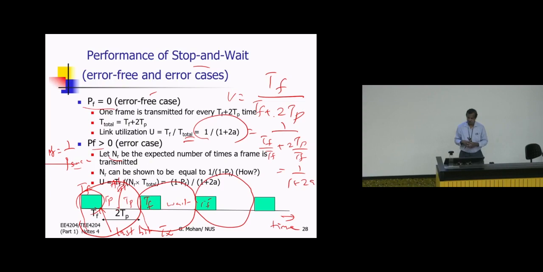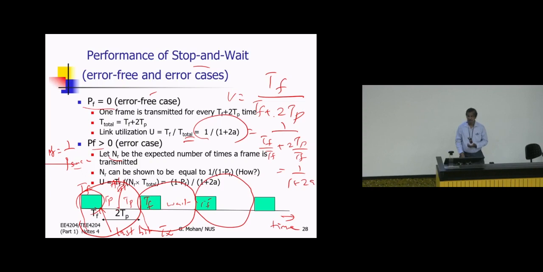So let's take an analogy to better understand this NR is equal to 1 by P success. You take the coin tossing example, right? Let's say success means getting head. You toss the coin, and you are interested in getting the head. How many times do you need to toss to get the head?